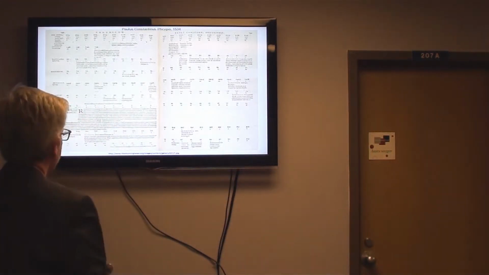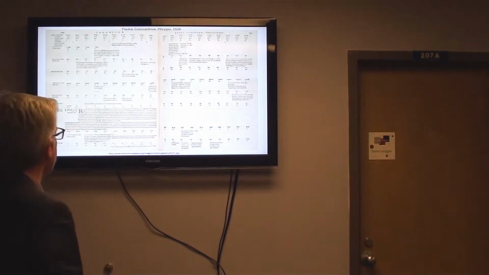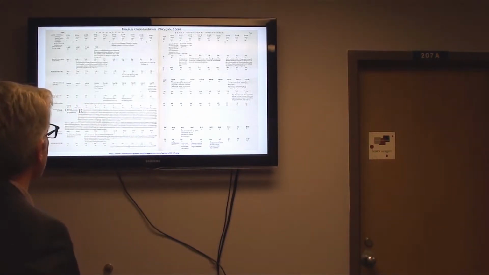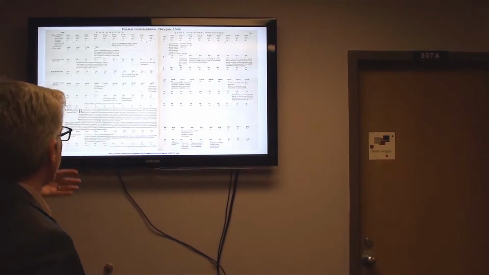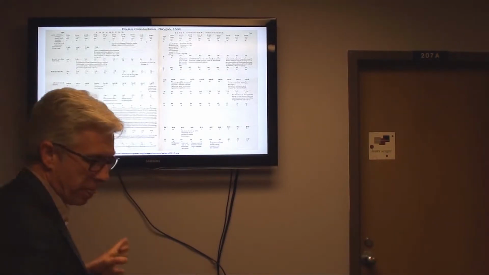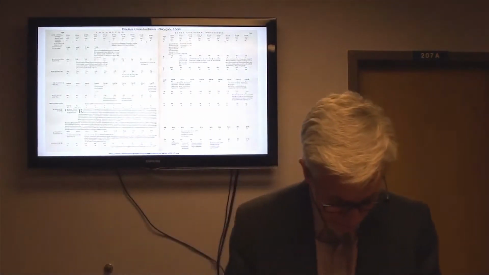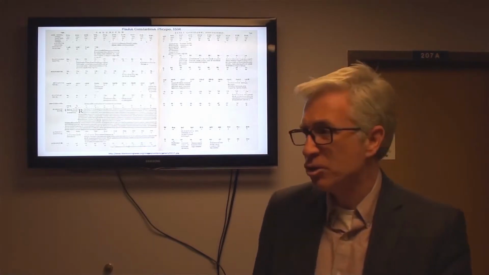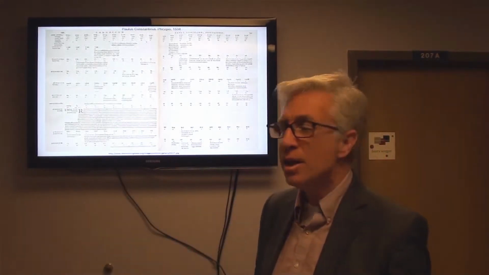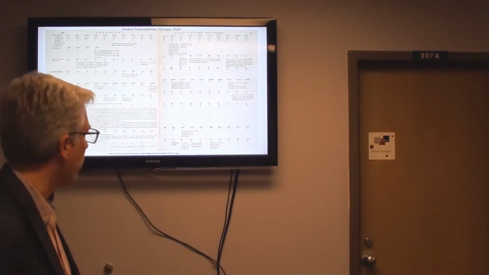I want to get back to the idea of timelines. This is one of the dates, we're going back in time again, 1534. What I wanted you to be able to see here is the representation of time as a line. And this gets us into questions about how you represent time in graphical form.